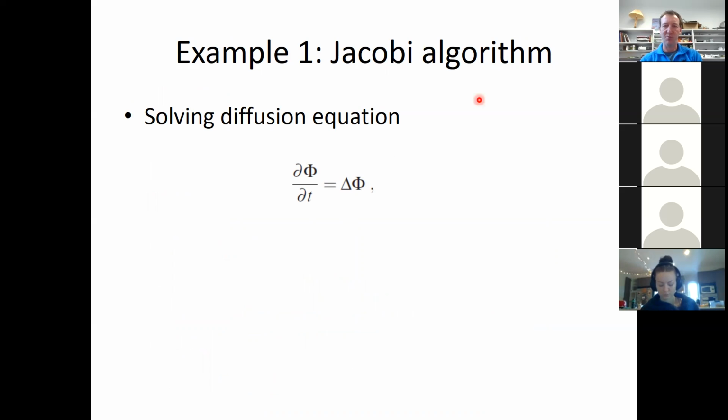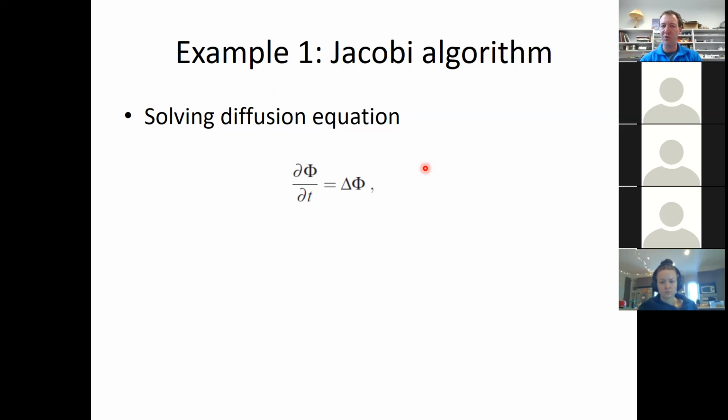What we will look at is solving the diffusion equation, a physical equation, where the time derivative of the function equals the Laplace operator acting on this function. The Laplace operator is just the sum of the second partial derivatives in all dimensions. So how do you solve an equation like this?